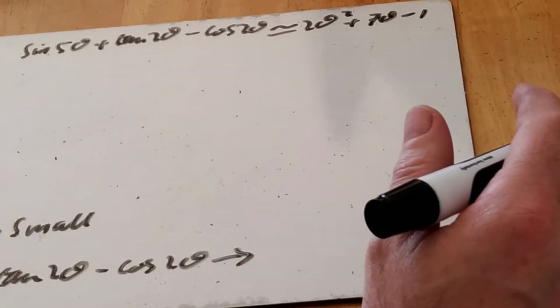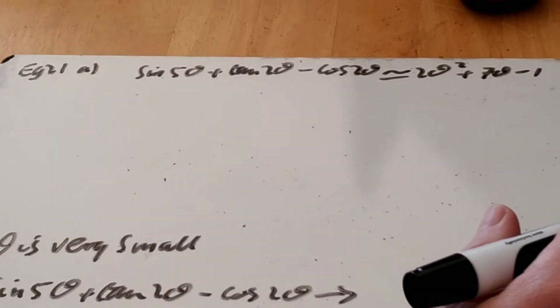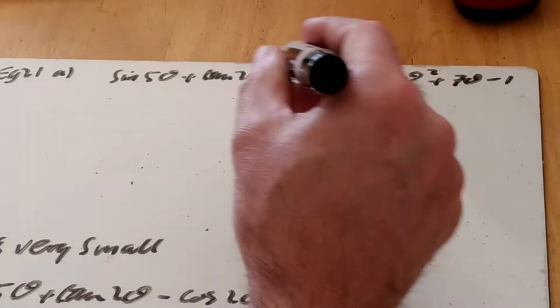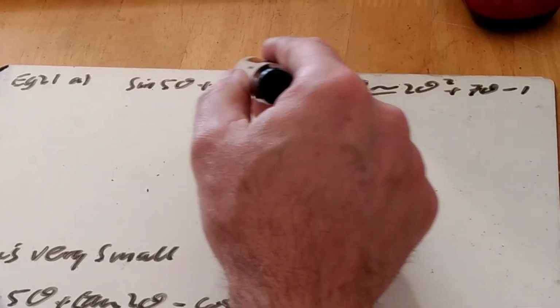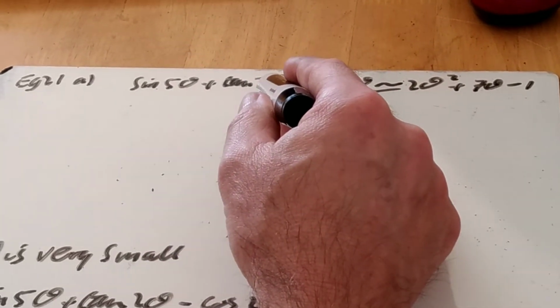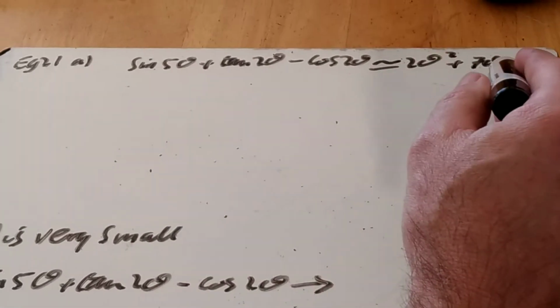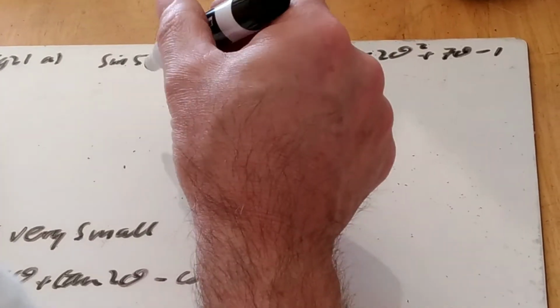And then on top of the next page we've got example 21a. This is quite long-winded: show that sine 5 theta plus tan 2 theta minus cos 2 theta is approximately equal to this one. We'll do exactly the same thing.